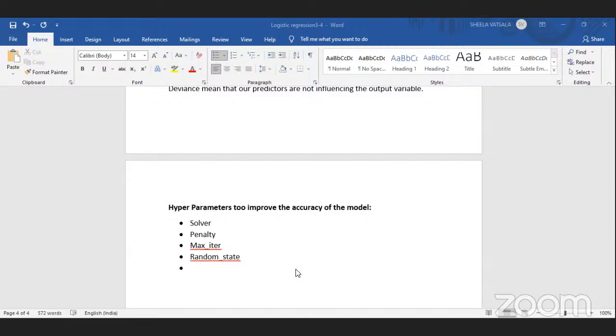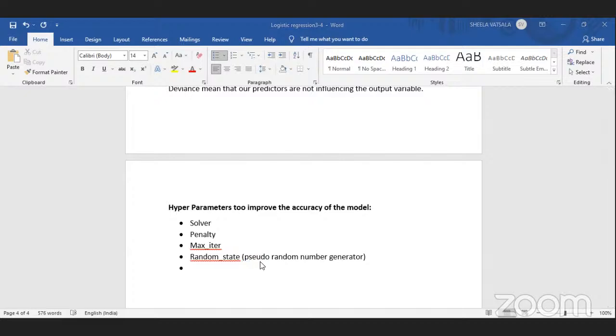It is a pseudo-random number generator. So, random number generator. Random state.